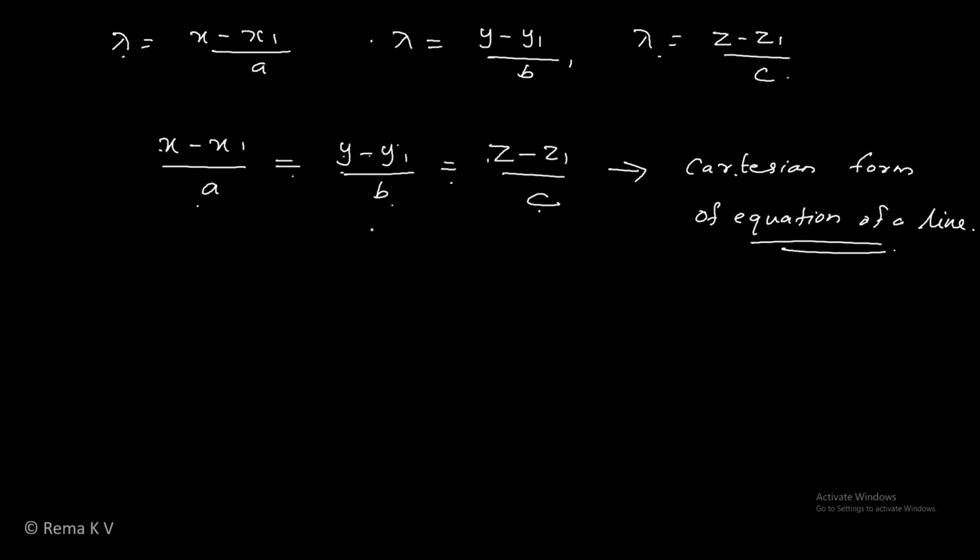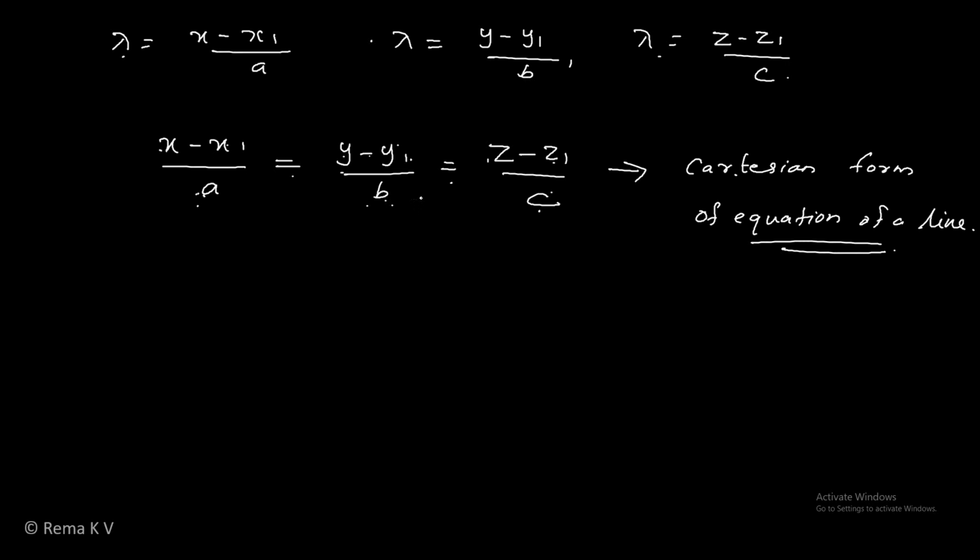Here always remember, we are writing the equation of a line which passes through the point x1, y1 and z1 and is parallel to a vector whose direction ratios are a, b and c respectively. Okay, you have to remember this.